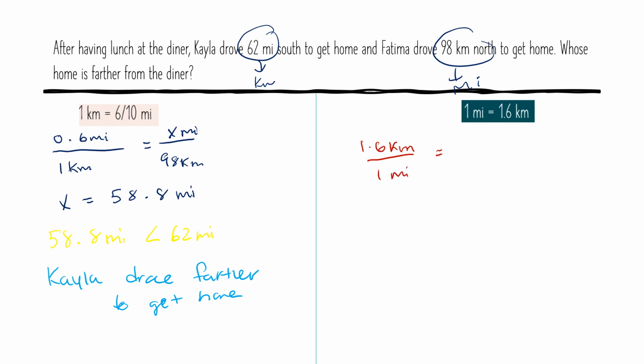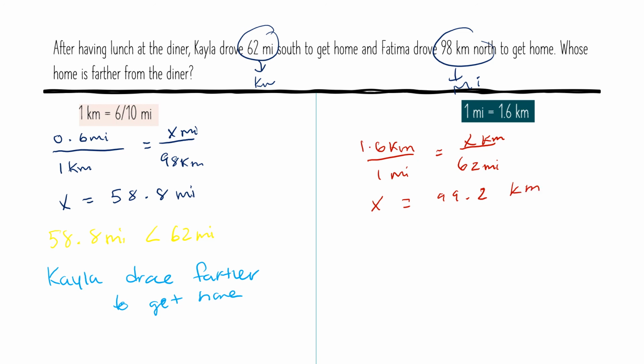Okay, we have 62 miles, and we want to find X amount of kilometers, right? Okay, so cross multiply, X times 1 is X, 62 times 1.6 is 99.2, and this is ultimately 99.2 kilometers.